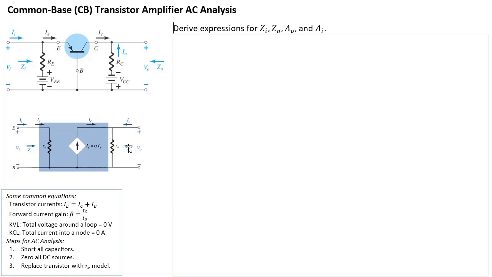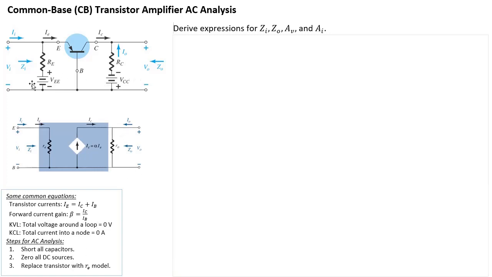As usual, to do AC analysis you need to do three common steps in that transformation. First, short any capacitors in the circuit. In this case, there aren't any capacitors, so that's done. Next is to zero all DC sources.